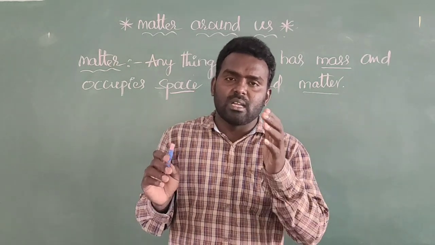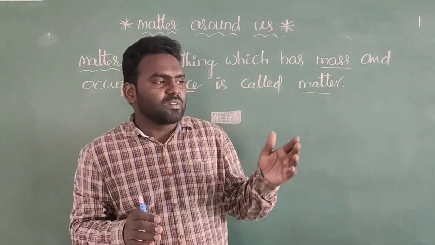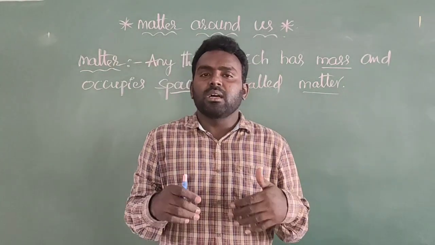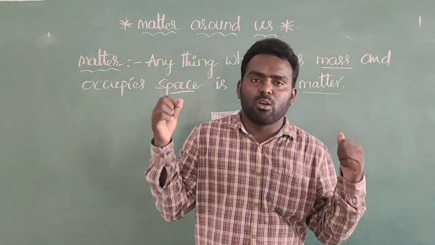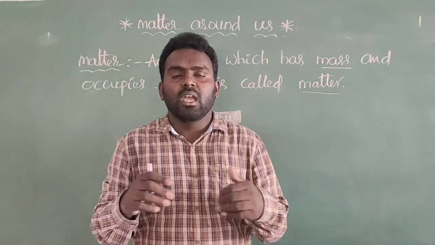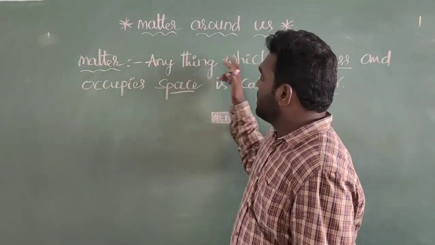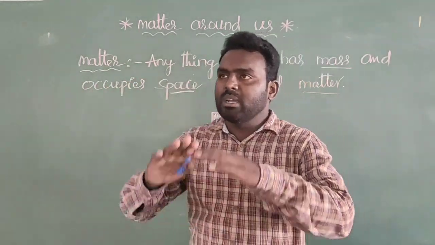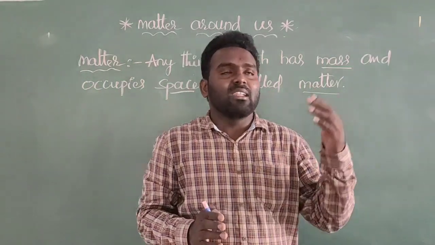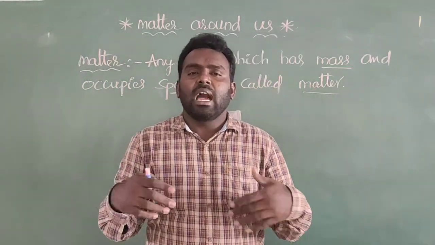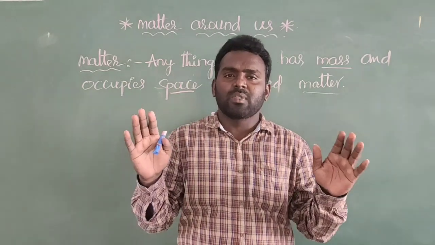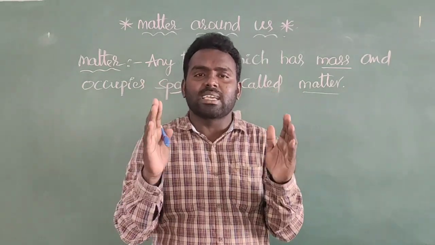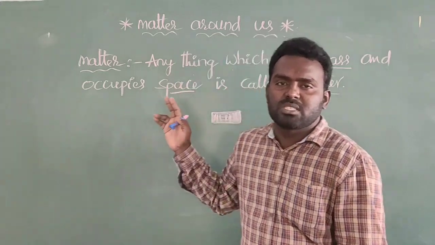And by the observation of a duster, a book, a pen, our shirt, our bag, our water bottle, our TV, this blackboard, this classroom, a fan, a bicycle, our motorbike, our car, our bus, whatever it is, all these are examples of matter.